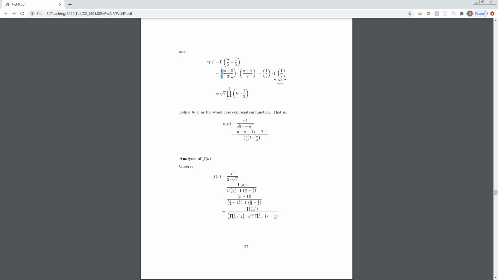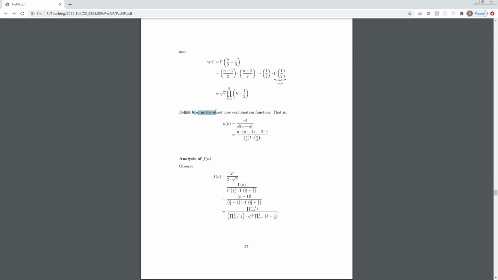So it's this minus 1. Well, minus 1 is the same as minus 2 over 2, and so common denominator, n minus 3, and so forth, until you get to 1/2 times gamma of 1/2, which is the square root of pi. So you get the square root of pi sitting out front, and then you get this product notation.